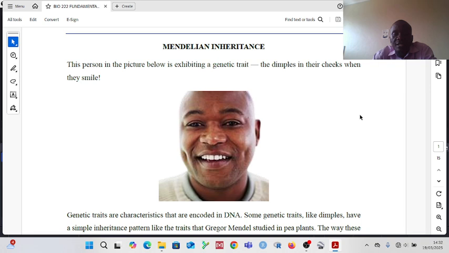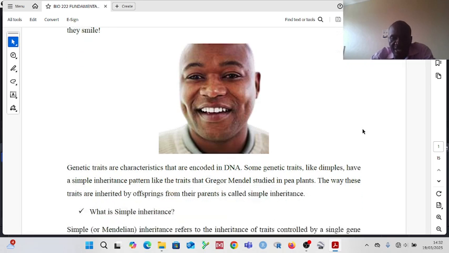What is clear is these are genetic traits, coded for by some genes which you carry in DNA. And genetic traits like dimples are inherited in a simple pattern.